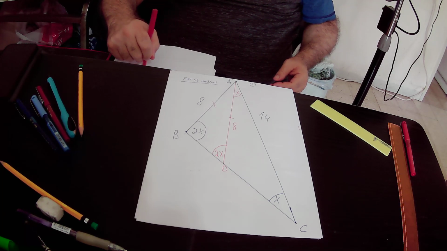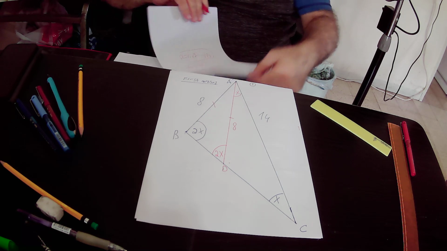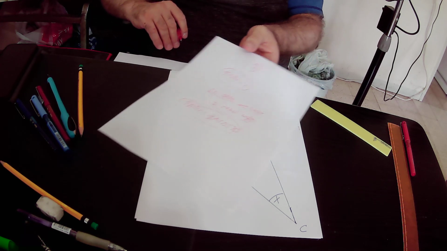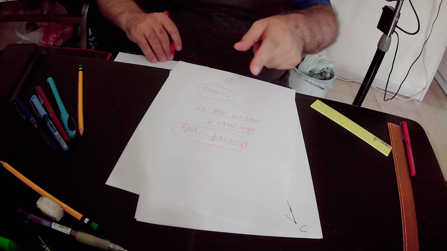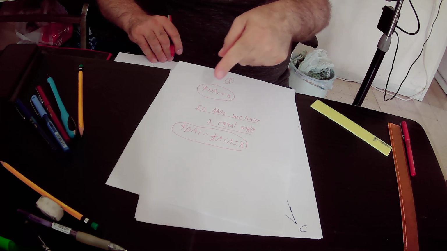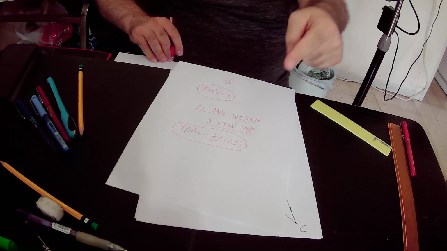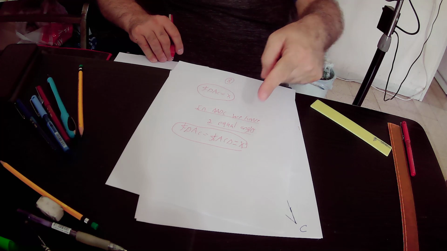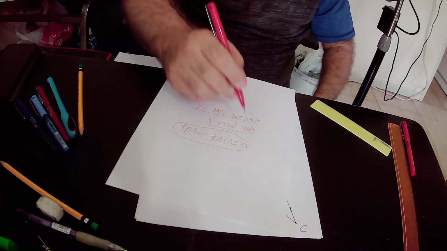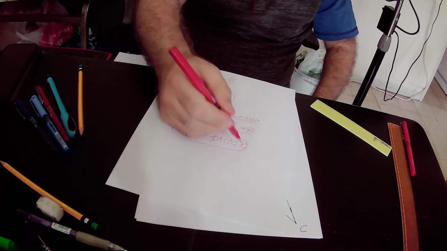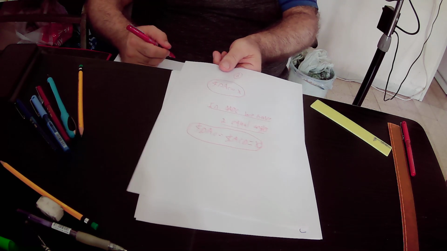Again, in triangle DAC, we have two equal angles. Angle DAC equals angle ACD, both x degrees in size.